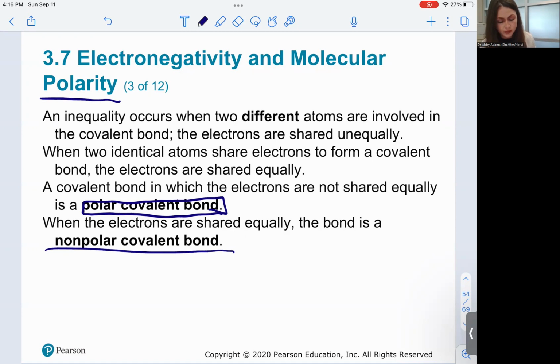And if they're shared equally, that's nonpolar. Nonpolar. So like polar bears, you could say polar bears are unequally sharing the fish that they eat.